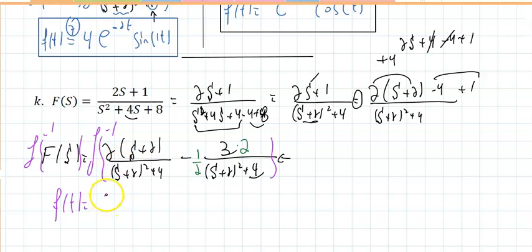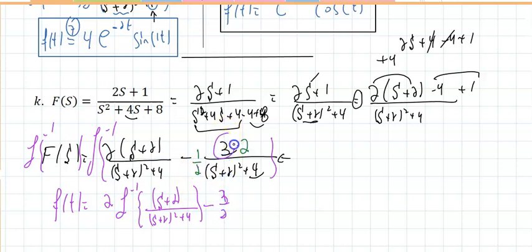I'm going to write this in 2 steps. I'm going to take the 2 out and apply the Laplace inverse on (s plus 2) over (s plus 2) squared plus 4. I'll put that in parentheses. Minus 3 halves, so I'm going to take the 3 and the 2. And notice now that matches number 7 identically.